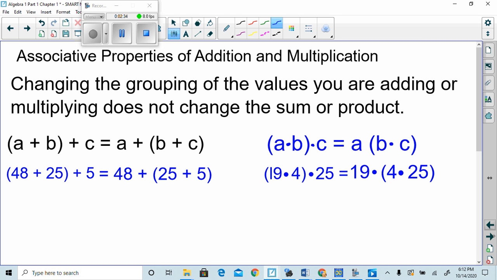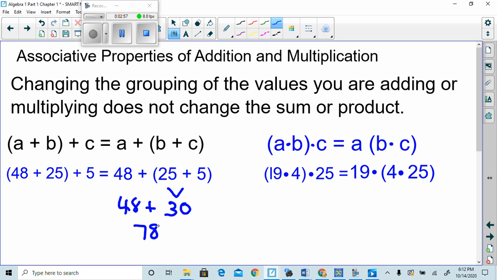Order of operations in the second one says let's add 25 plus 5 first. Why would I want to do that? Once again, it's an easier computation, easier for me to do mentally. And then I quickly get 78.